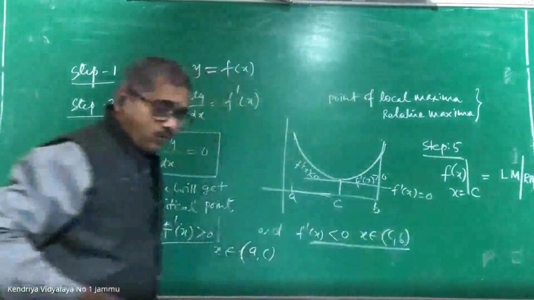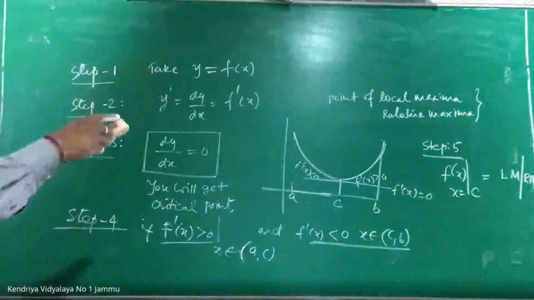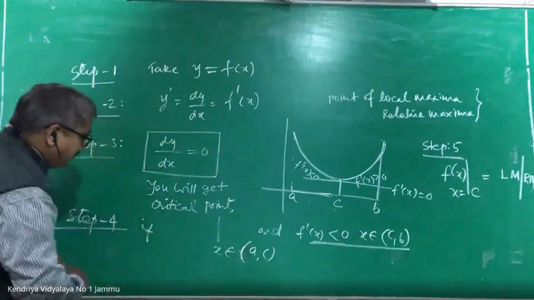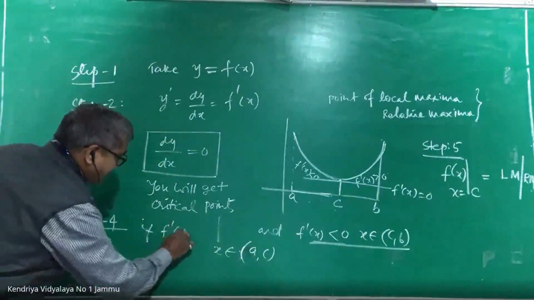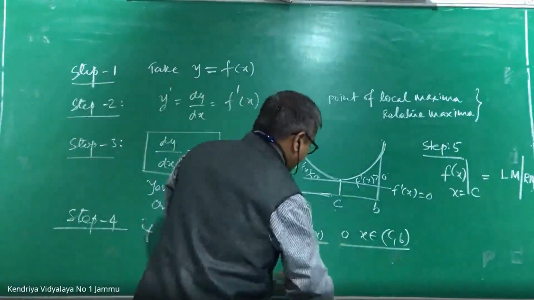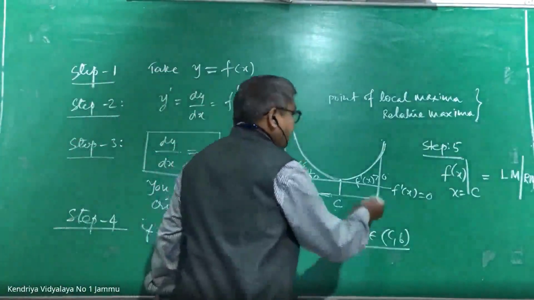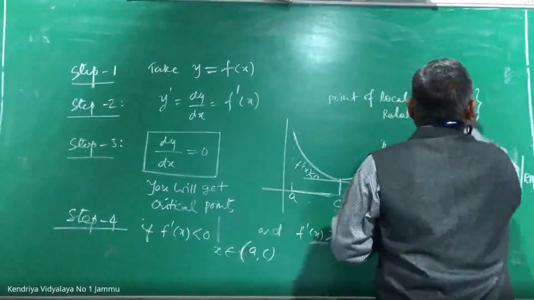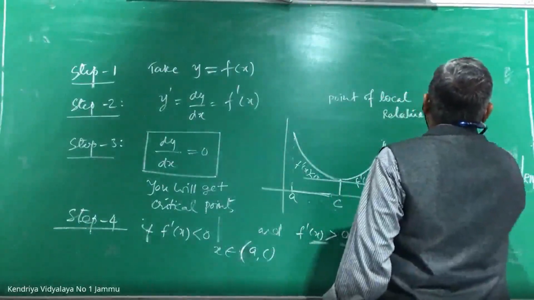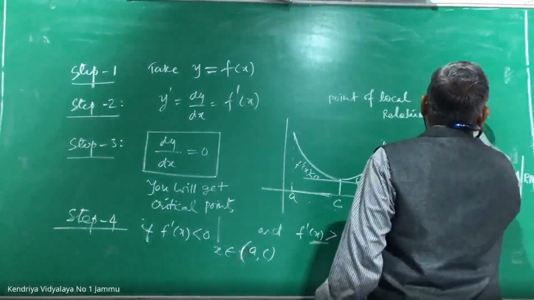So whatever you got for point of maxima, if you reverse that, that is f dash x is less than 0 first, and then f dash x is greater than 0 in the next, then we call it point of local minima or relative minima.